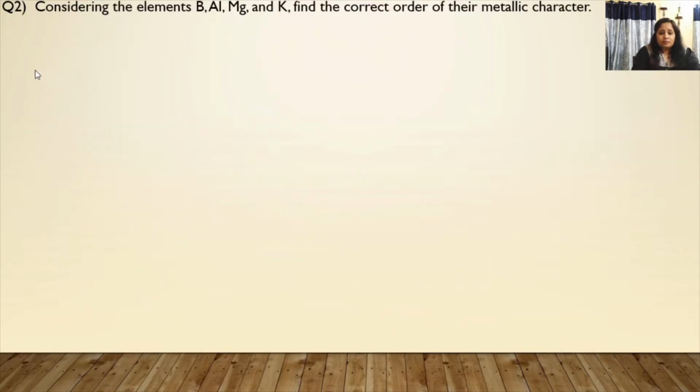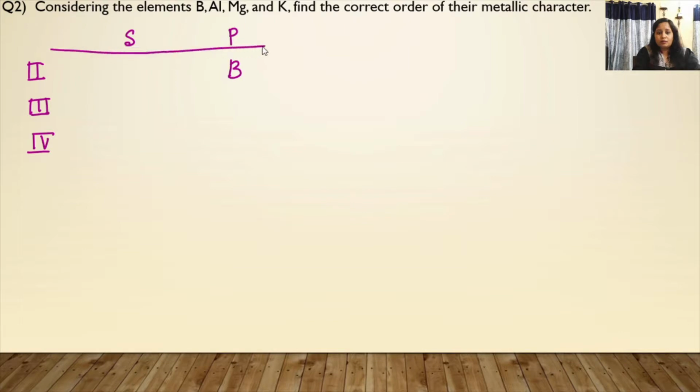We can write period over here, second period, third period and fourth period like this. And here it is s block and then it will be p block. So in the second period and p block, we get boron.